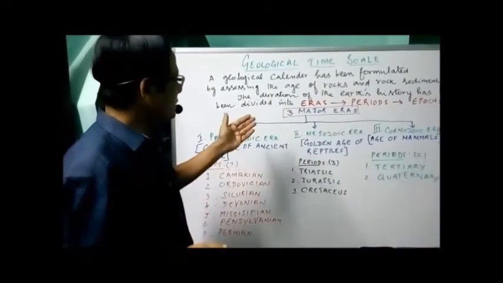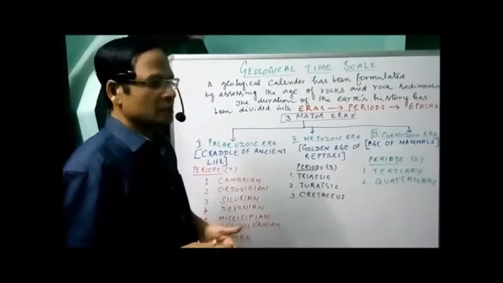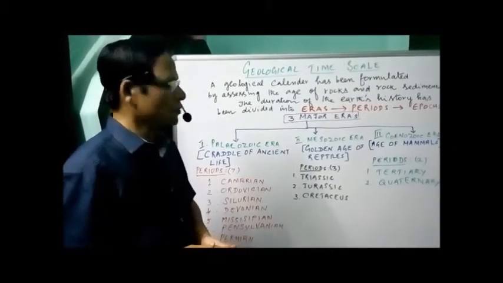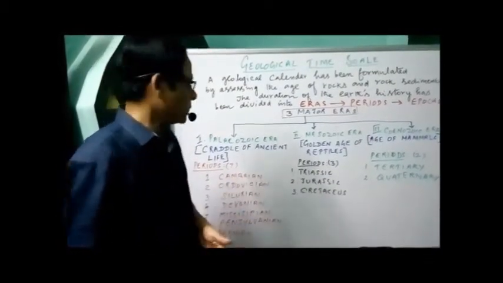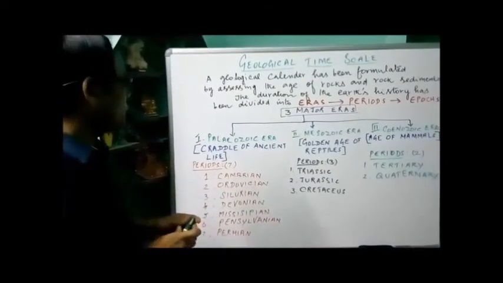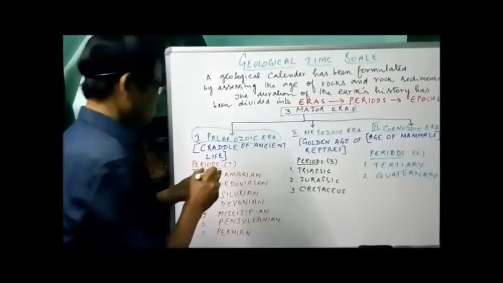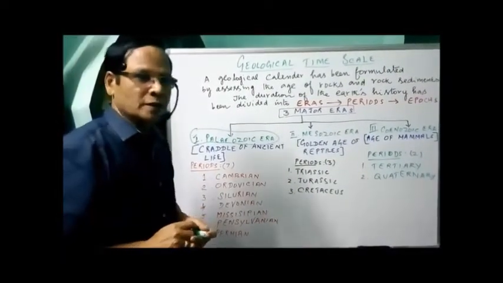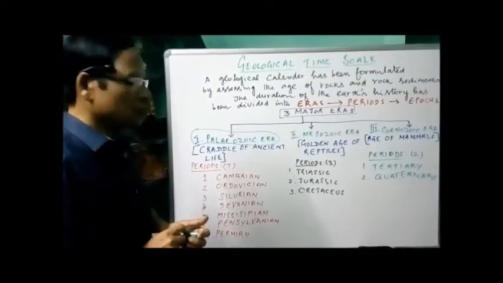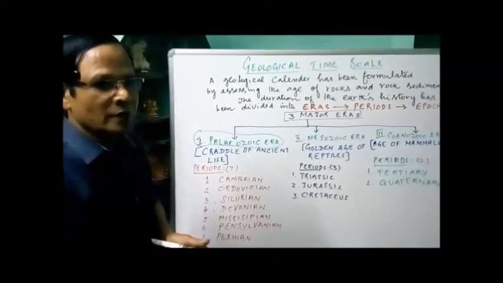As per the norms, we have three major eras. What are the three major eras? Number one, the Paleozoic era. During that period, many invertebrates were abundant, and fossils were also found in abundance.